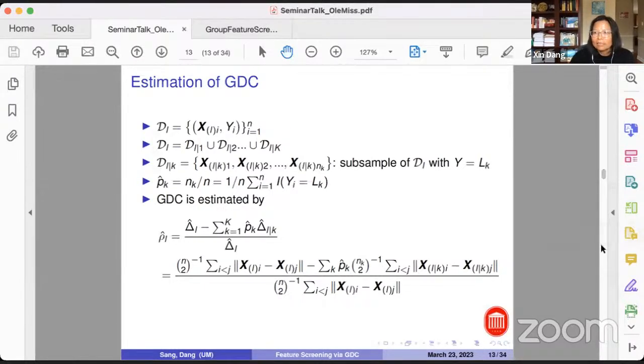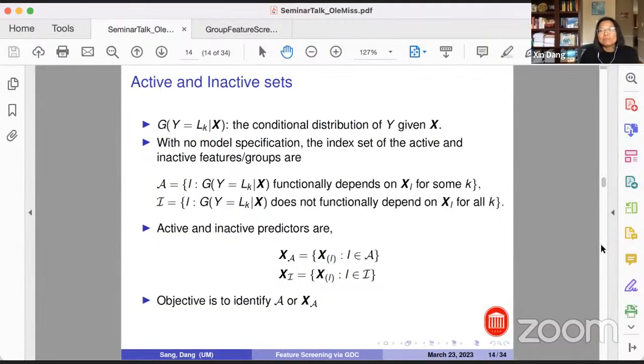And next, let's go back to the screening problem. You first need to say what is the meaning of important features. So this is what we come up with.